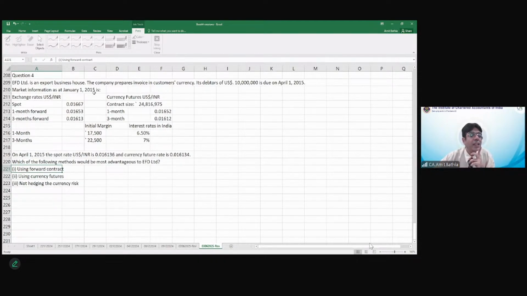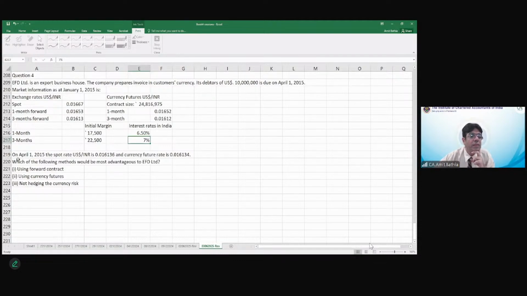Market information as at January 1, 2015 is exchange rates US dollar to INR, spot rate, 1 month forward, 3 month forward. Currency futures, contract size, 1 month, 3 month. Initial margin is given to you for 1 month and 3 month.